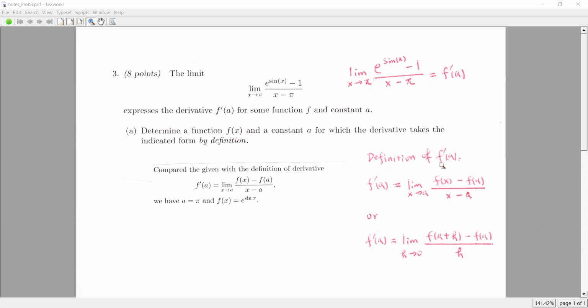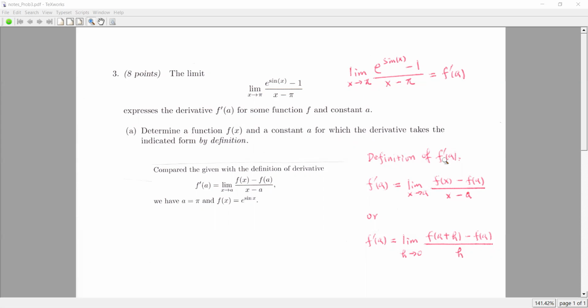The definition of derivative is either this limit formula or this limit formula. These two formulas are from section 3.1. To determine function f and a, I compare the given limit with this formula.